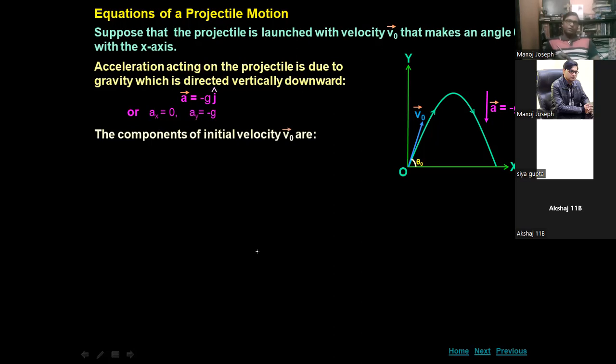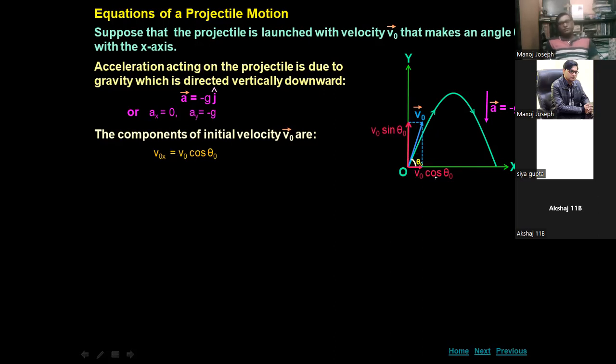So now the components of the initial velocity. When you project the object in a direction making angle theta with the horizontal axis, it has two components. First, along the x-axis, that is v0 cos theta.